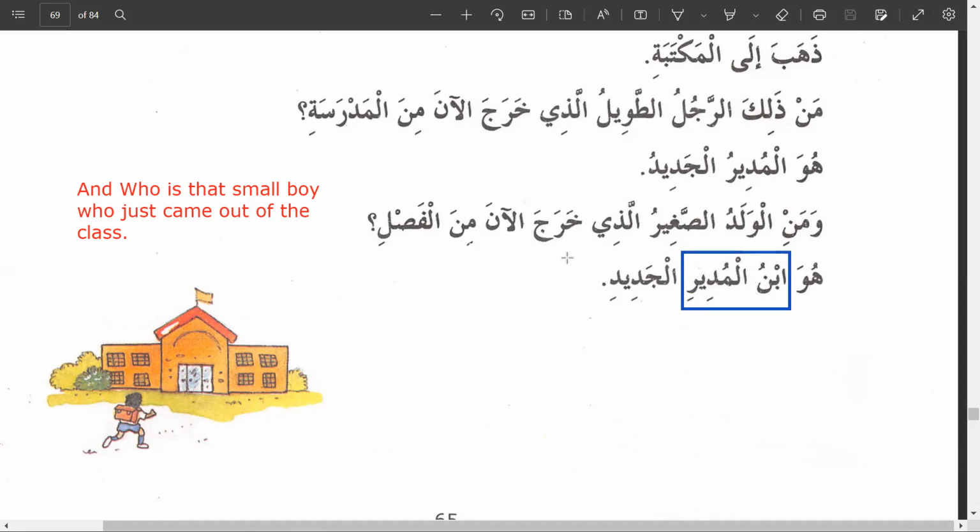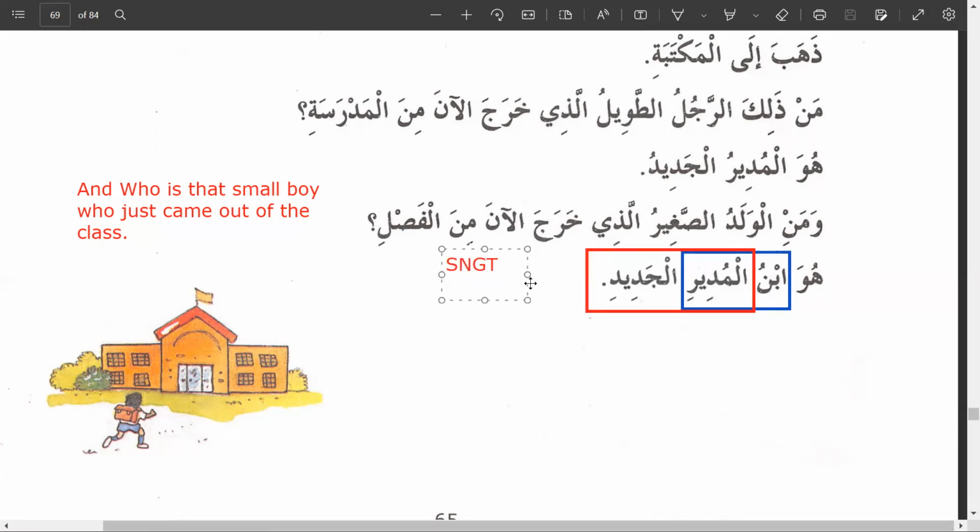Al-Mudiri Jadidi. Which kind? Is it mawsuf sifa? Yes. Tell me the SNGT of these two. If they are mawsuf sifa, then obviously they are going to match.